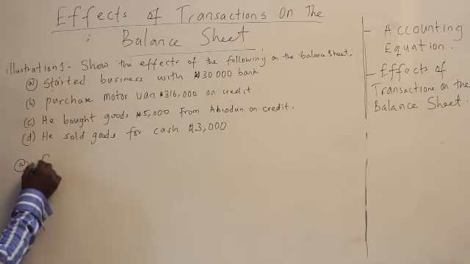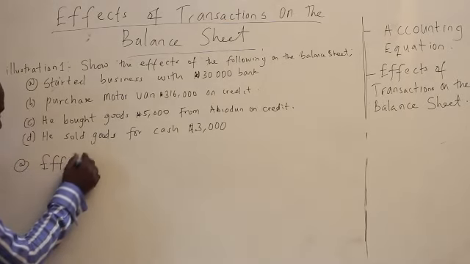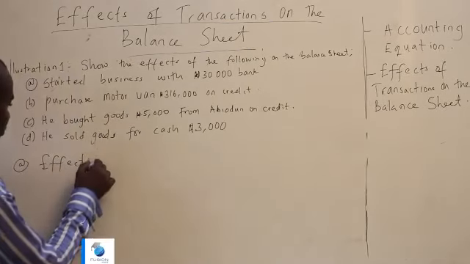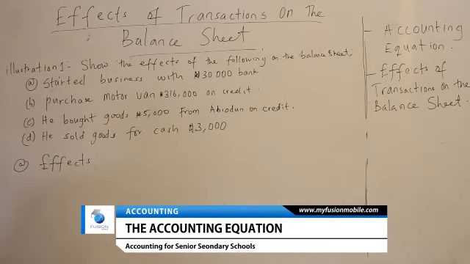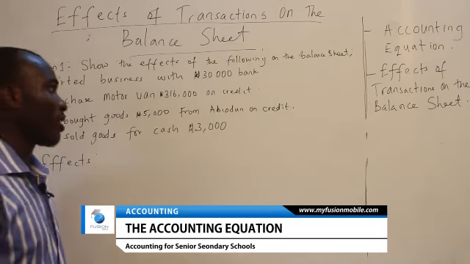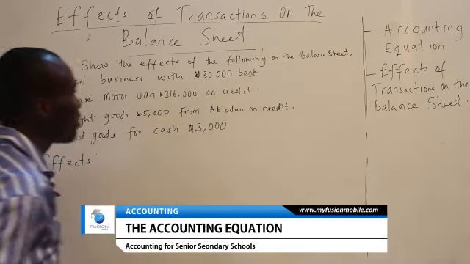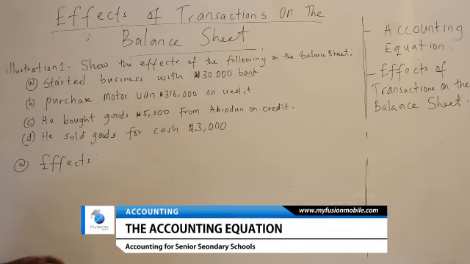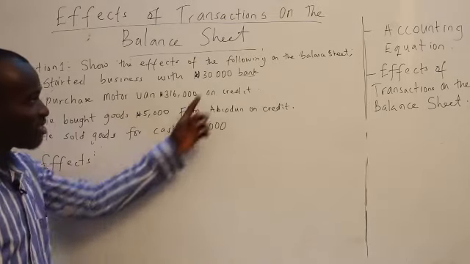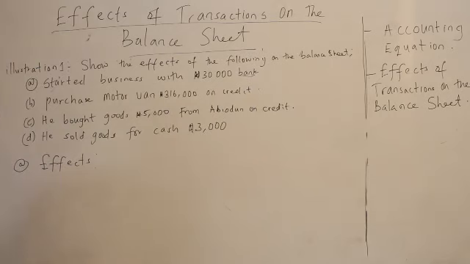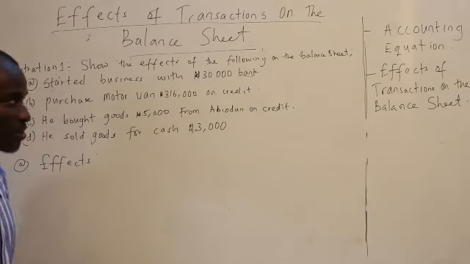A, effects. Started business with 30,000 naira at bank. Bank will be affected, and the amount used in starting the business, 30,000 naira, that amount is called the capital.